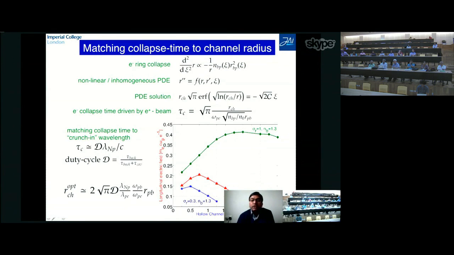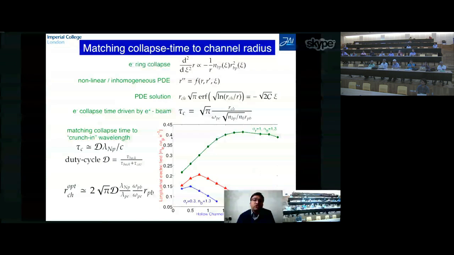The beam with radius sigma_r of 0.3 and n_b of 2.5 has fields which are much higher than the beam which has sigma_r of 0.3 and beam density of only 1.3 times the plasma density. And then eventually you can see that if we increase the beam charge even further, then the possible fields can be as high as 0.4 of the wave breaking, whereas earlier in the linear regime, we only had 10 to the minus 3 of the wave breaking.